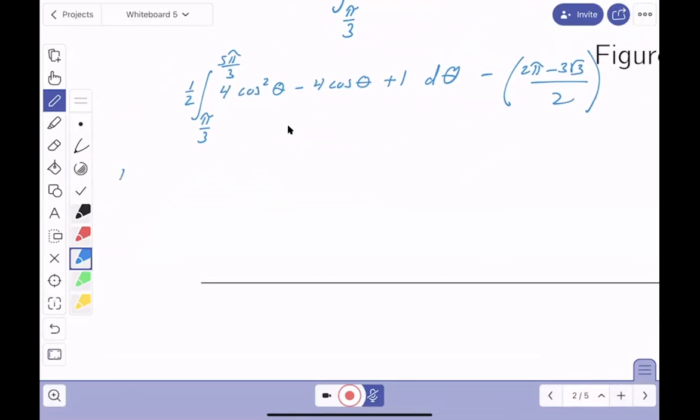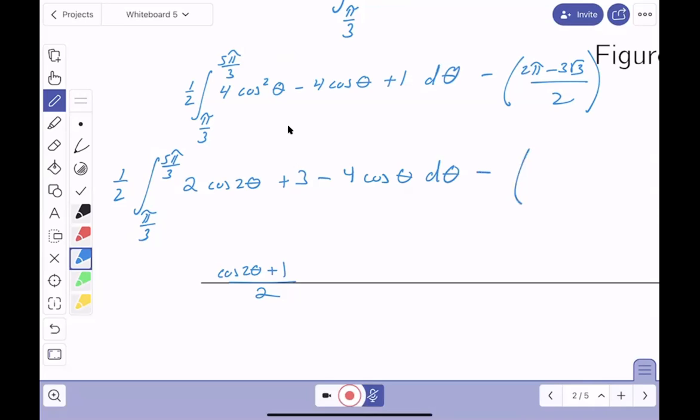All right, you get 1/2, pi over 3 to 5 pi over 3. And let's see, do you remember cosine squared theta was what? It was cosine 2 theta, I'll erase this, by the way, plus 1 over 2, right? So it's going to be 2 cosine 2 theta plus 2 plus 1, which is plus 3, minus 4 cosine theta d theta, minus, let's not forget this guy.